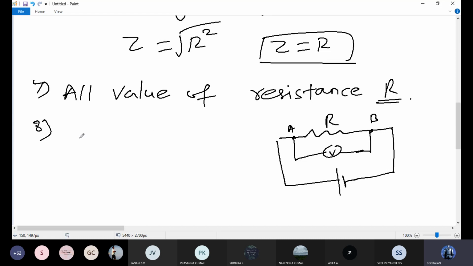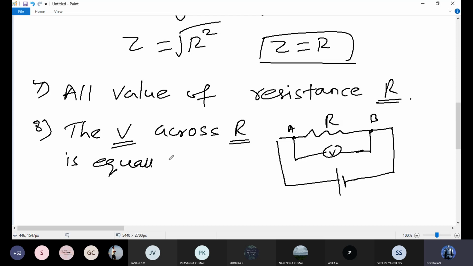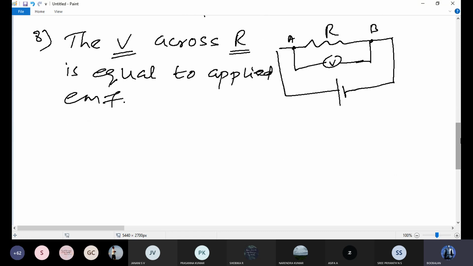So write the statement: the voltage across R, where R is the resistance, is equal to applied EMF. So this is the 8th point.